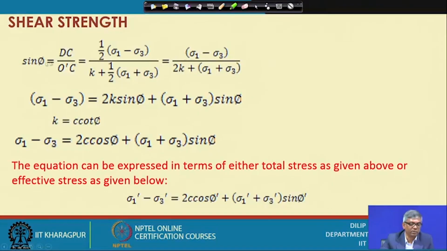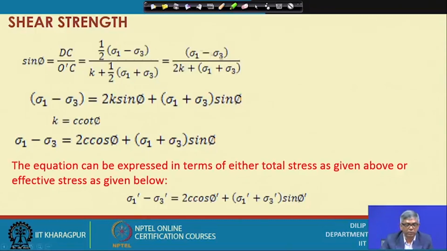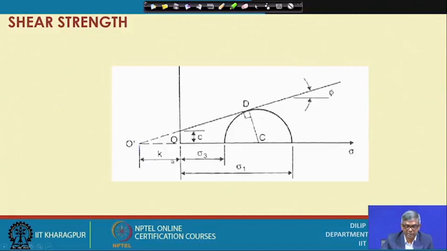express. So, sin phi equals DC by O dash C, as I have mentioned, and DC will be, you can see, half of sigma 1 minus sigma 3. This DC is the radius. So, it will be half of sigma 1 minus sigma 3, and O dash C will be k plus half of sigma 1 plus sigma 3. k is what we have shown here, k is taken as this much.